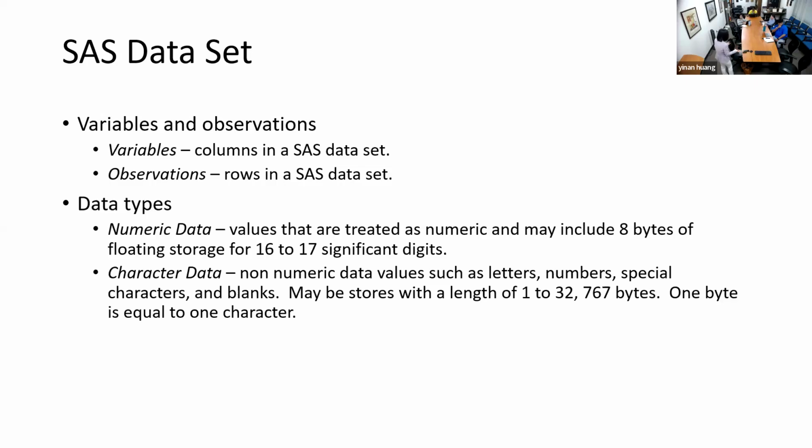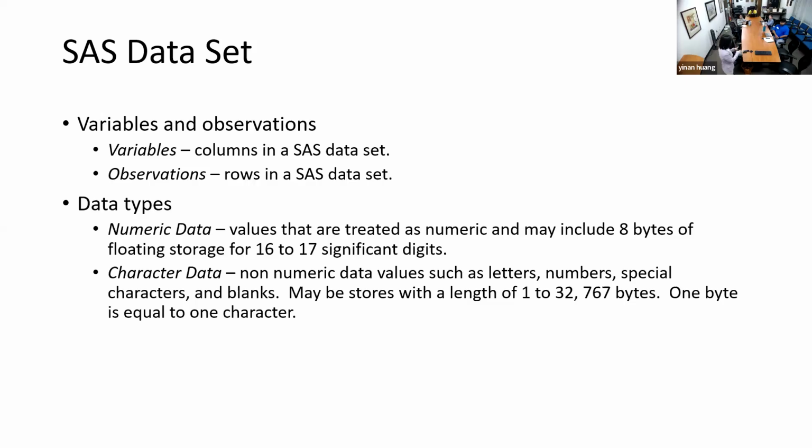It's numeric data. Now, let me give an example about character data. Character data can be the race. Okay, racial groups, different race, ethnicity. It can be geographic region. Okay, I came from South. You may come from West. That's kind of character data.